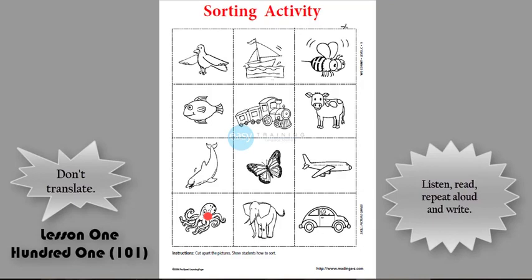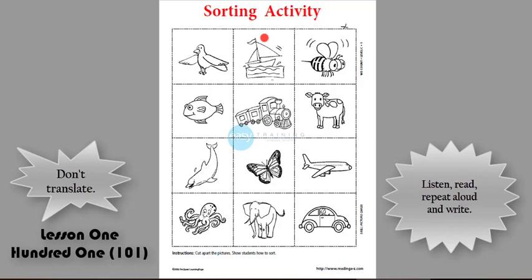Then we are going to sort them out into groups, into categories. You do it, and I will do it. Well, it is clear that there are animals and transport. We have animals and transport, ways of transport.